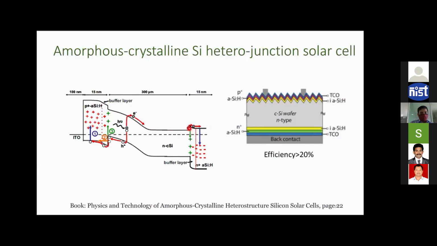And here it sees a very small conduction band offset, and it will eventually get collected in this N plus amorphous silicon layer and get transported to the external metal contact. So in order to have a nice transport of electrons from the conduction band of N crystalline silicon to your amorphous silicon, you have to dope this amorphous silicon to a high level. You have to make an N plus amorphous silicon.